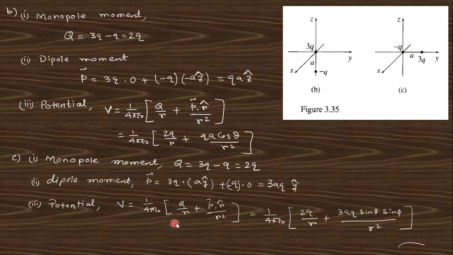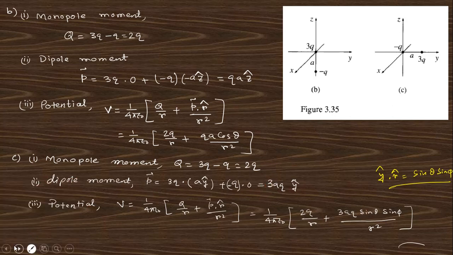So the potential will give you 1/4πε₀ times q/r, plus p dot r-hat, where y-hat dot r-hat is nothing but sin theta sin phi. If you remember the spherical polar coordinate system, you can write this.